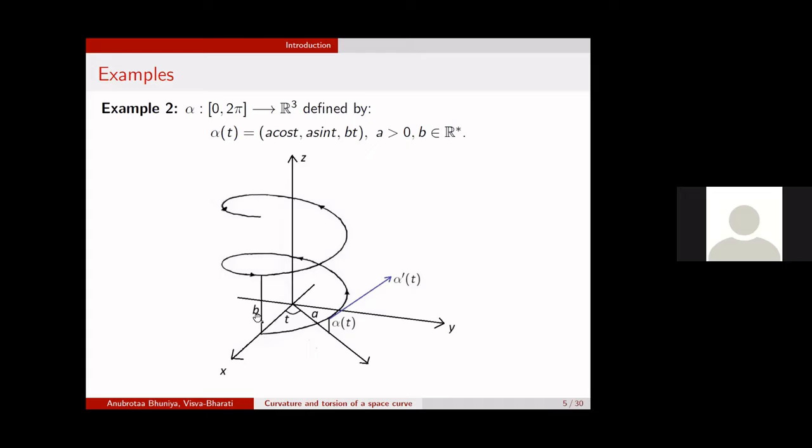And b is how much the curve is rising above the plane in one rotation. The parameter t again denotes this angle. So we get a helix by first taking a circle, then rising it above the plane in a certain way.